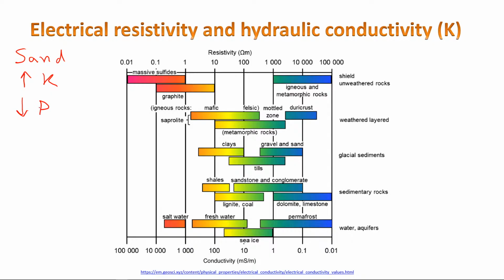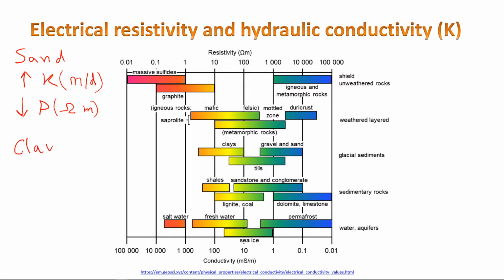So they have low electrical resistivity, where rho is in ohm meter, and they have high hydraulic conductivity. Hydraulic conductivity is, let's say, in meters per day. Yeah, whatever, meters per day. So this is high hydraulic conductivity but low electrical resistivity.